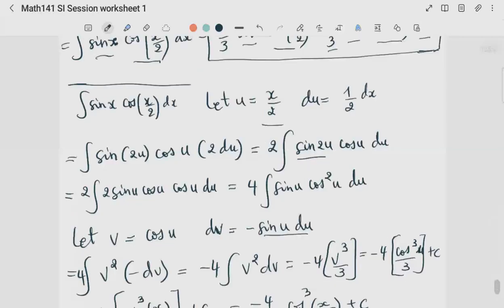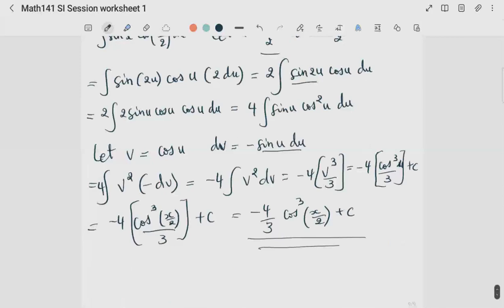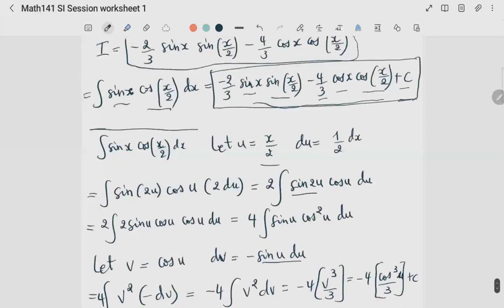Some of you might say the two answers don't look the same. If you expand this cos cubed here, you should get the same expression that we had before. So try that as your homework, and see what you get.